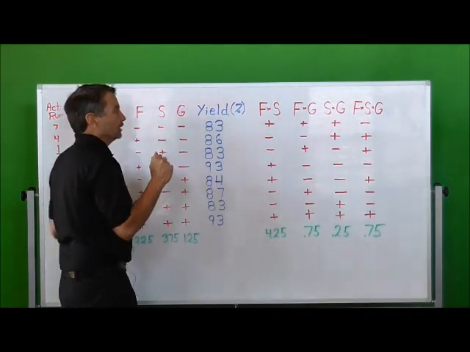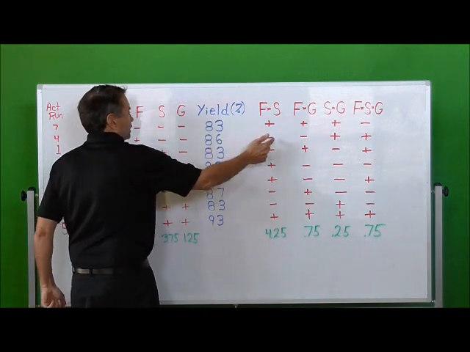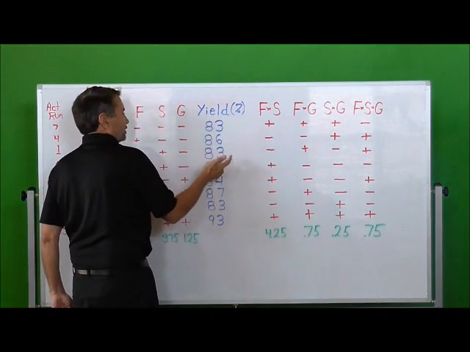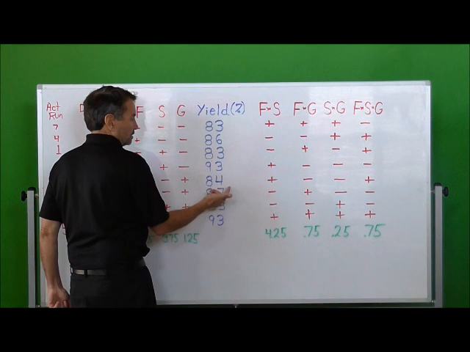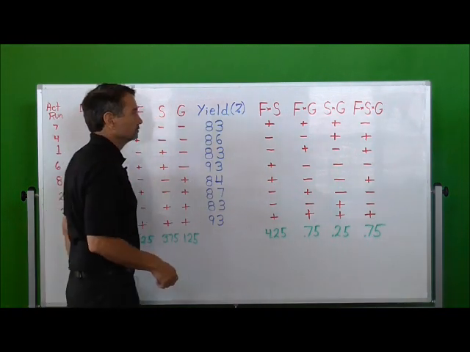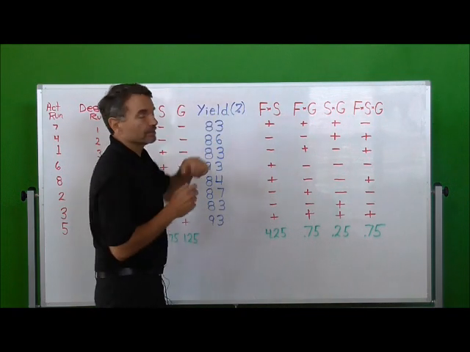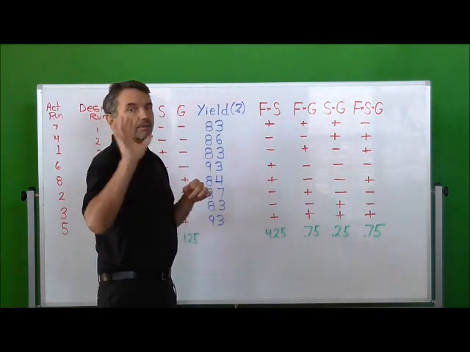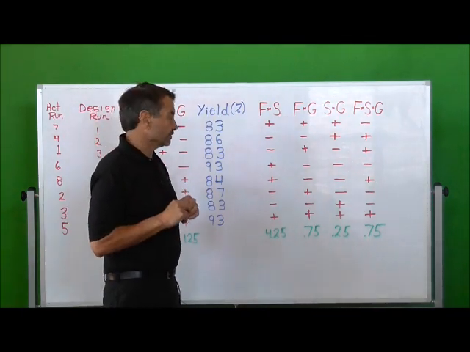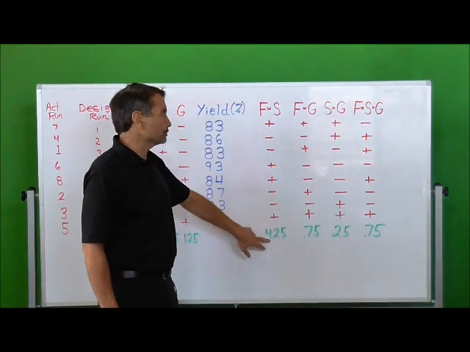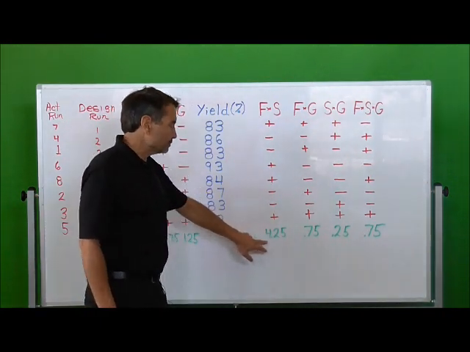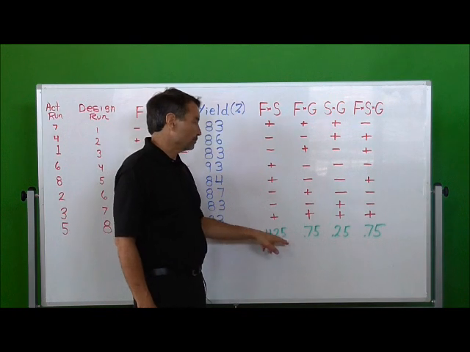Then we will subtract the minuses, the 86, the 83, the 84, and the 87. So we take the average of all the pluses minus the average of all the negatives, and we come up with the difference between the two. That difference comes up to be 4.25.